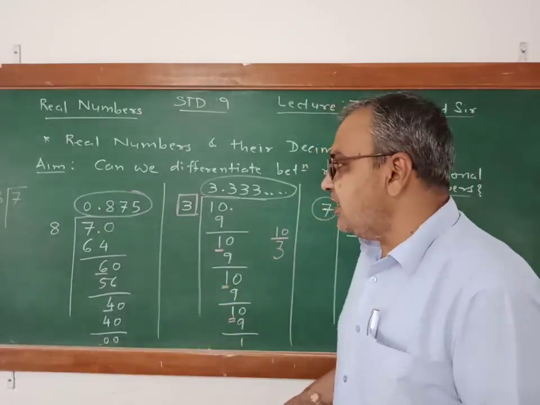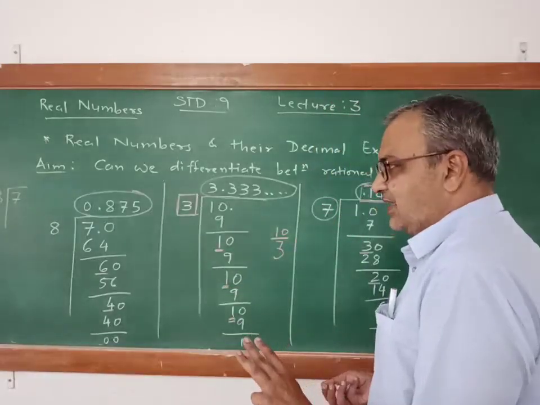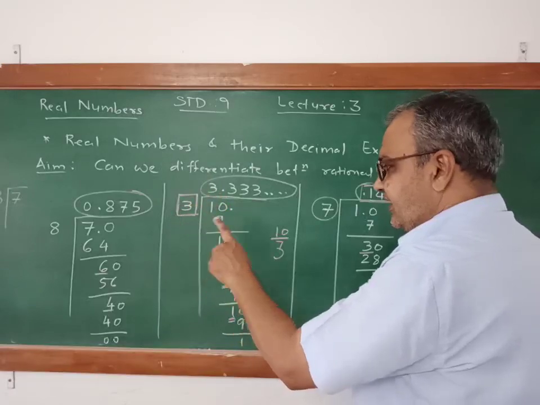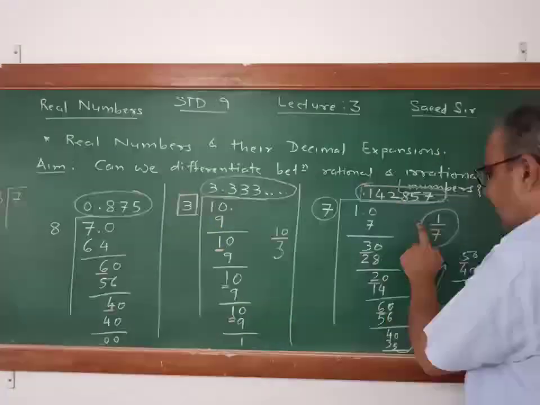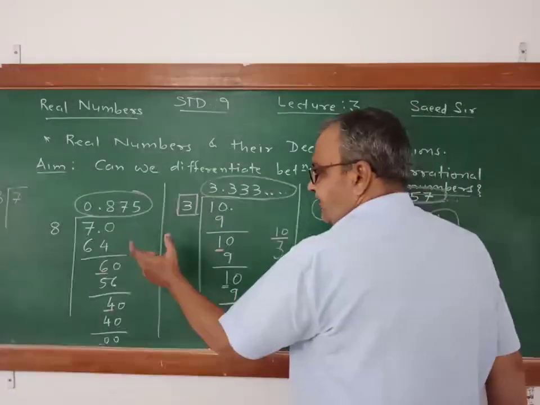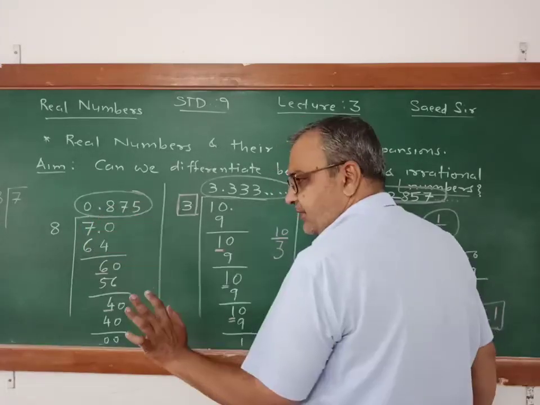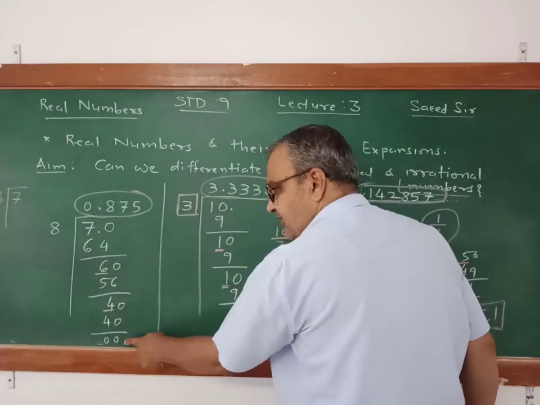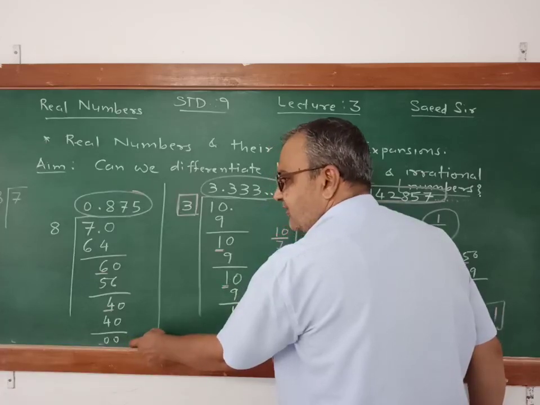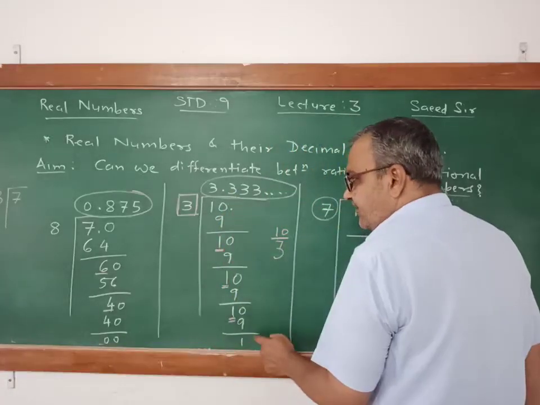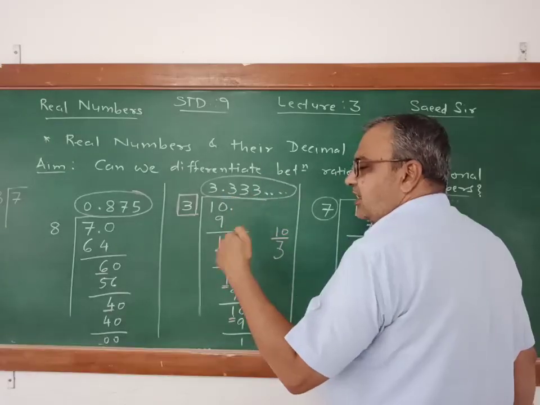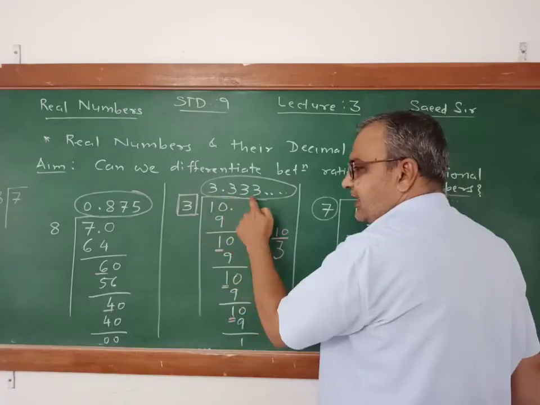So in these 3 examples, 7 by 8, 10 by 3 and 1 by 7, we get a fixed point 0.875 and the remainder will be 0. At this point the remainder will be 0. Here the quotient will be a repeating pattern. It's a repeating pattern.